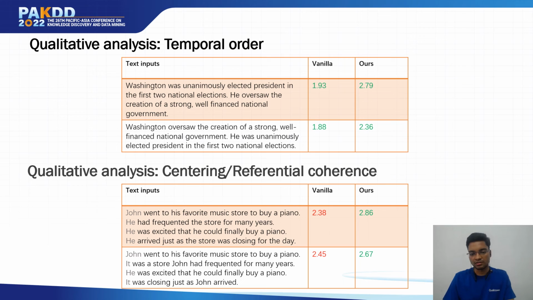We ran the vanilla model and our fact-aware multitask transformer model and found that the vanilla model gave the second paragraph a greater coherence score, which is wrong. But our fact-aware multitask learning transformer is able to distinguish, and it allocates a higher score to the first paragraph and a lower score to the second paragraph, which is true in terms of centering or referential coherence.